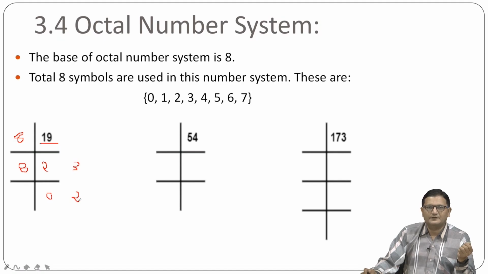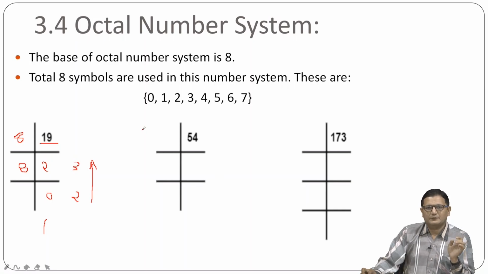The remainders are 2 and 3, and you write the remainders in this way, which makes 23. So we can say 19 decimal is equivalent to (23) base 8.